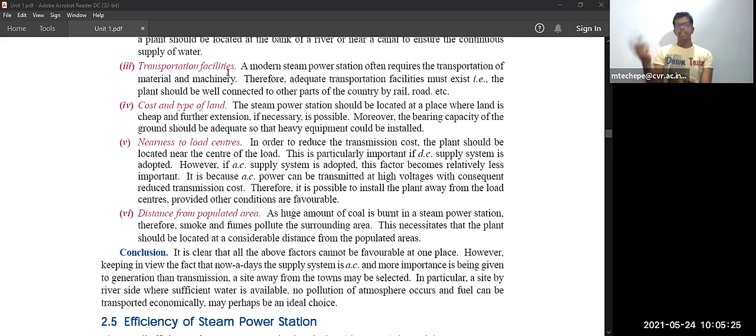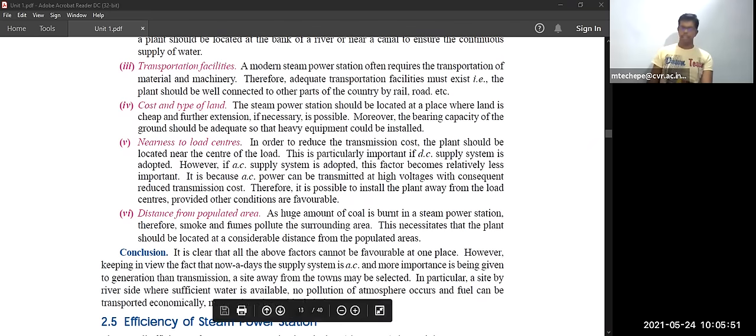Anyhow you have to carry it from the shipyard to the thermal power plant, via roadways or railways. That is the very difficult part. Besides machinery, transportation of material, that is coal. Coal is the very important thing, and transportation of coal is a very difficult task.